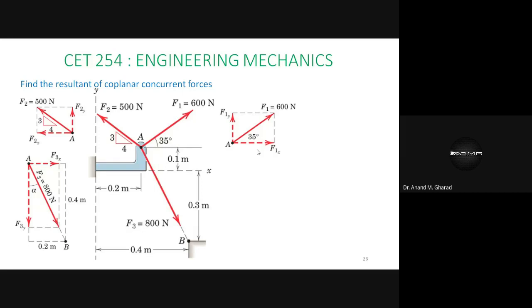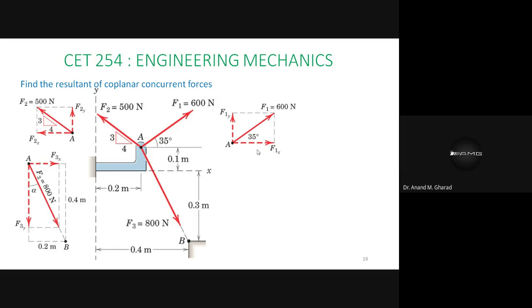If it is acting in the negative direction, or left side, it is treated as a minus force. Similarly, in the y direction, if the component of the force is acting upward, it is positive, and if it is acting downward, it is treated as negative. These are the sign conventions based on which we decide the directions of the components.